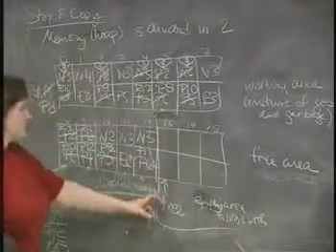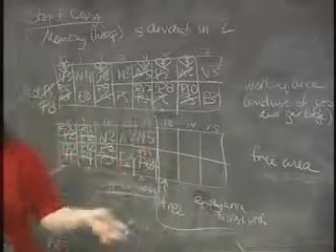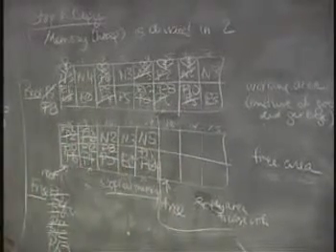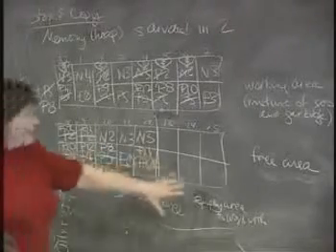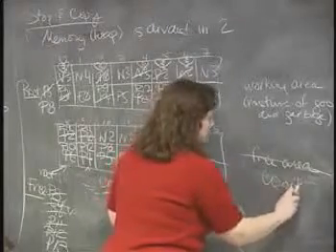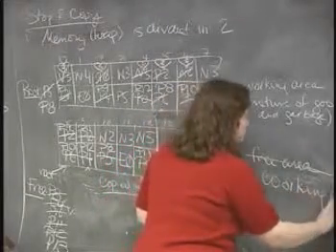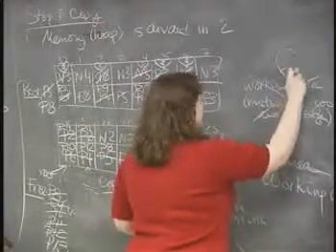Someplace where we have a free pointer, we can keep moving. And we can put new stuff in here until we run out, and then we'll need to do a copy again. When this becomes the copied memory and our empty area, this is no longer the free area. This is our working area. And this becomes our free area.